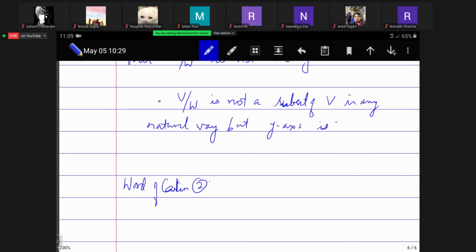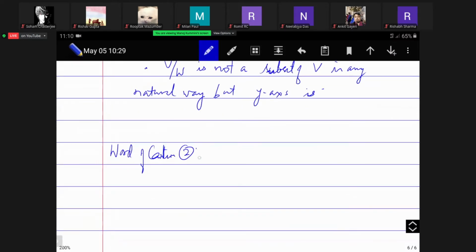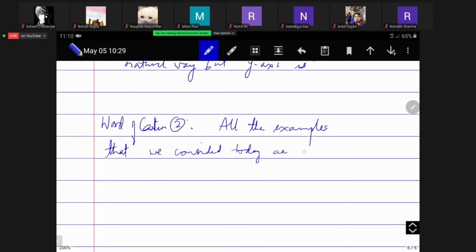But for the same reason, W perp is not V mod W. In the examples that we considered today, they are Euclidean spaces, right?